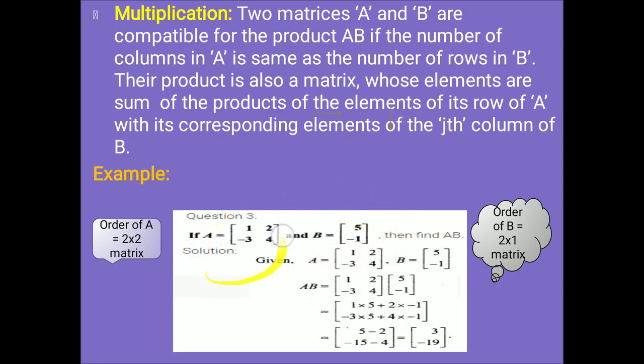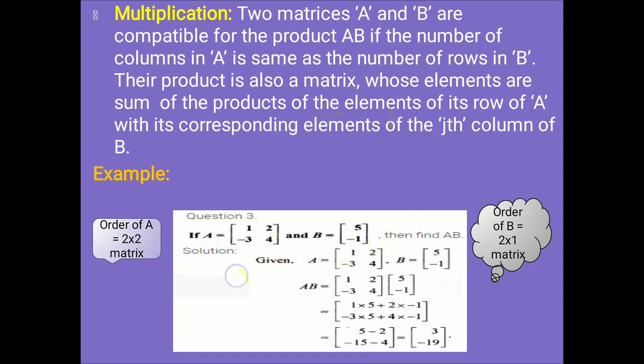Now see here, in A the order is 2 cross 2 and in B it is 2 cross 1. That means rows are 2 but column is 1, and in A rows are 2 and 2 columns. So 2 columns should be there in A and 2 rows should be there in B.